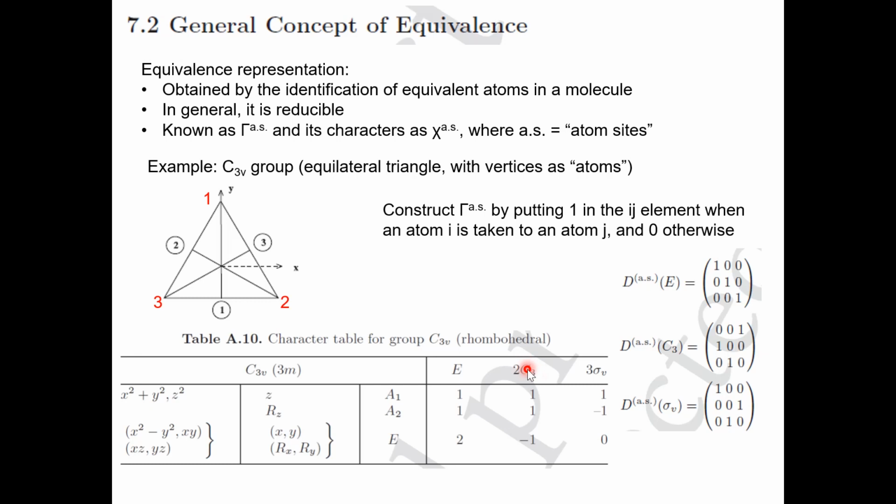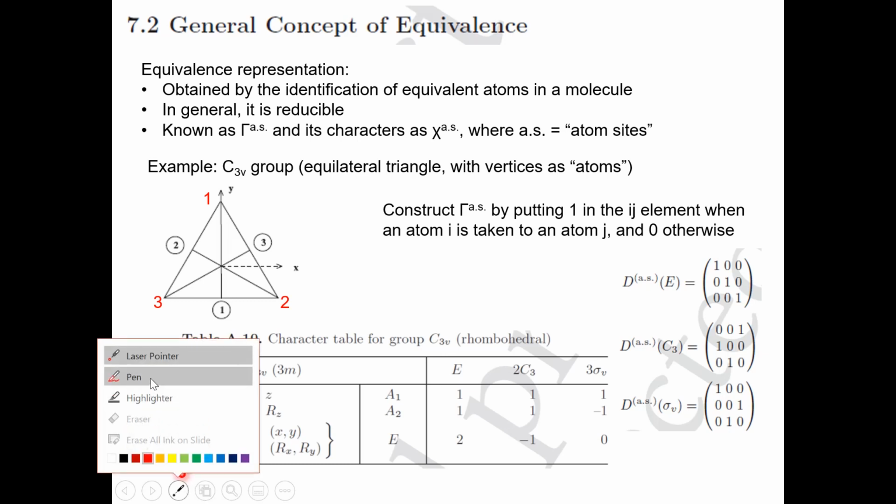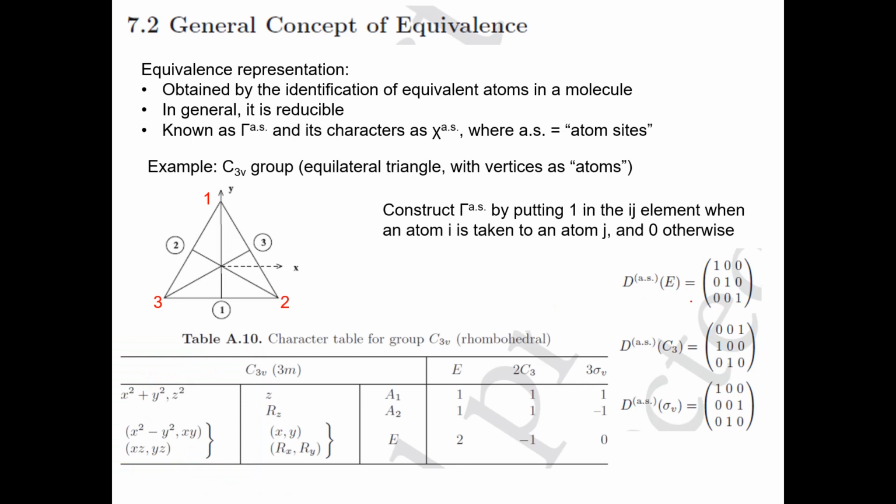And from that representation, we can also calculate the characters. You see immediately that the characters are the traces of those matrices, so the characters are simply the number of atoms that remain unmoved. For the identity operation, the character is 3, because all 3 atoms remain in the same position.